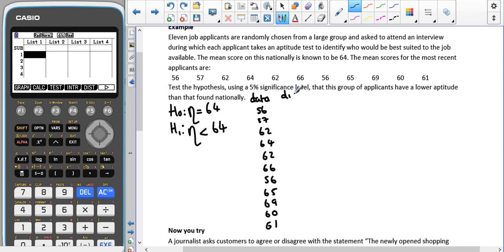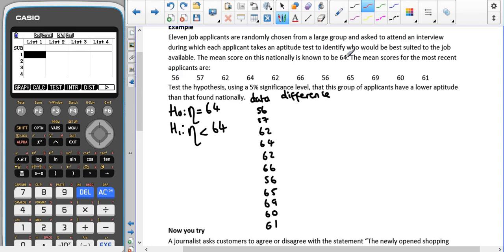We're then going to have the difference, and you need to make sure that you're doing the take away the same way for all of these. Now I'm going to do 64, I'm going to do the piece of data minus 64. You could do 64 minus the piece of data, just as long as you're consistent all the way down.